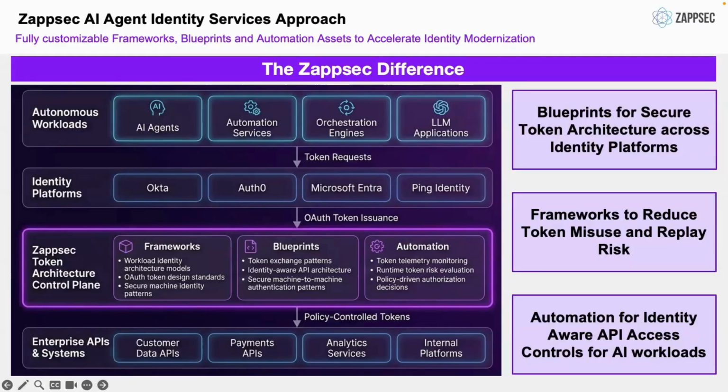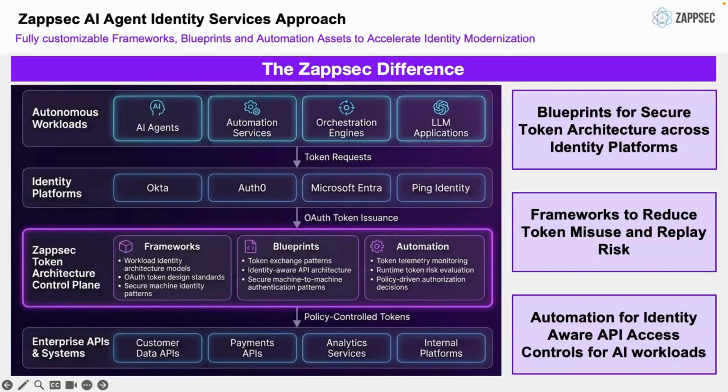So we can see the Zappsec token architecture control plane there. We have frameworks that define the architectural patterns for workload identity and token design. We have blueprints that provide proven token exchange patterns that integrate across identity platforms, and automation that continuously evaluates token use, telemetry, and authorization decisions in real time. Awesome.